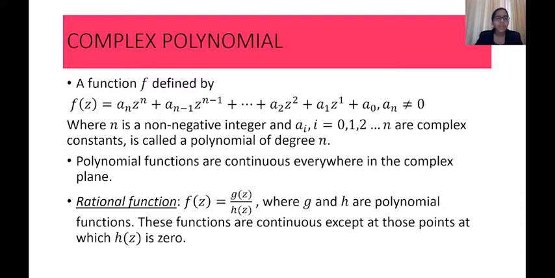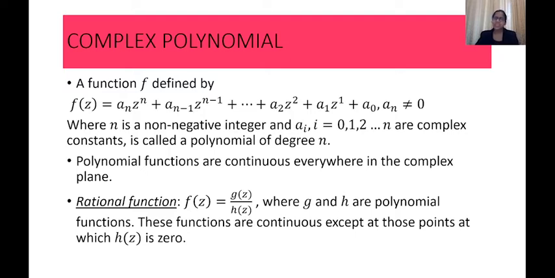So let's see. A function f defined by f of z is equal to a_n z raised to n plus a_(n-1) z raised to n minus 1 plus etc., a2 z square plus a1 z raised to 1 plus a naught, where a_n is not equal to 0, where n is a non-negative integer and the a_i's are complex constants, is called a polynomial of degree n.